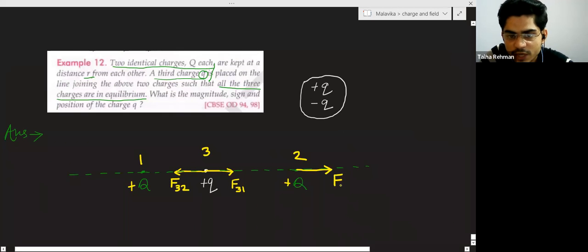Force on charge 2 due to charge 3, and there is another charge also. Due to this charge, the direction is the same, it will be in this direction. Force on charge 2. So can this charge be in equilibrium? This charge will never be in equilibrium.